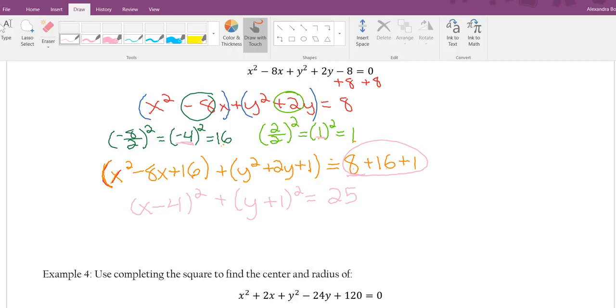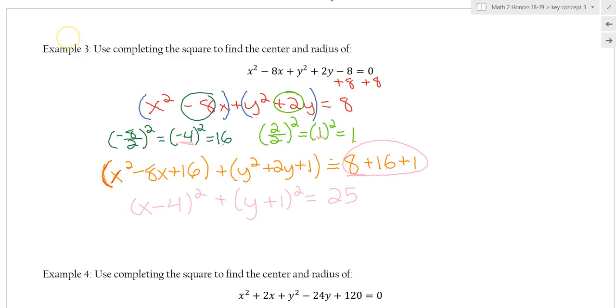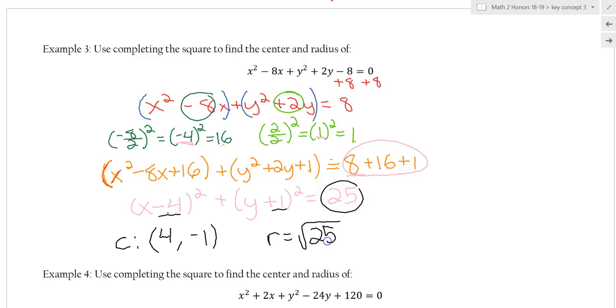Then finding your center and your radius. All right, change your sign. Positive 4, negative 1. Radius is the square root of 25, which equals 5.